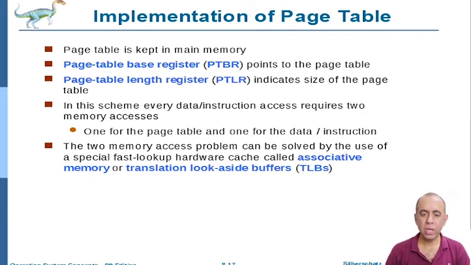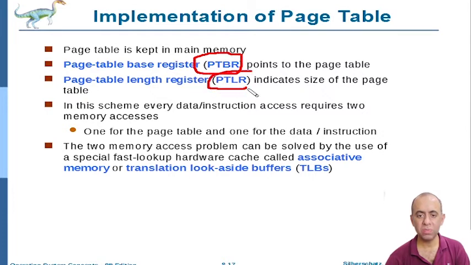But whenever a process is loaded into the CPU or the context is switched to a new process, the operating system locates its page table inside the memory, which is indicated by these two things. First is called the page table base register and the second one is called the page table length register.